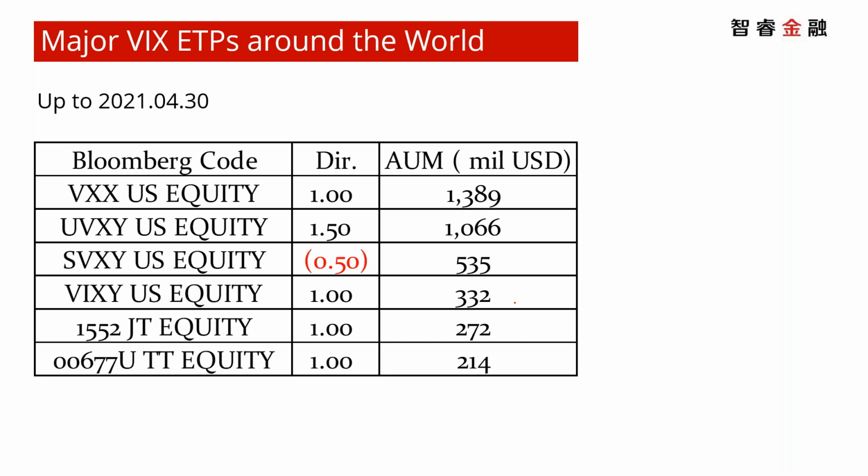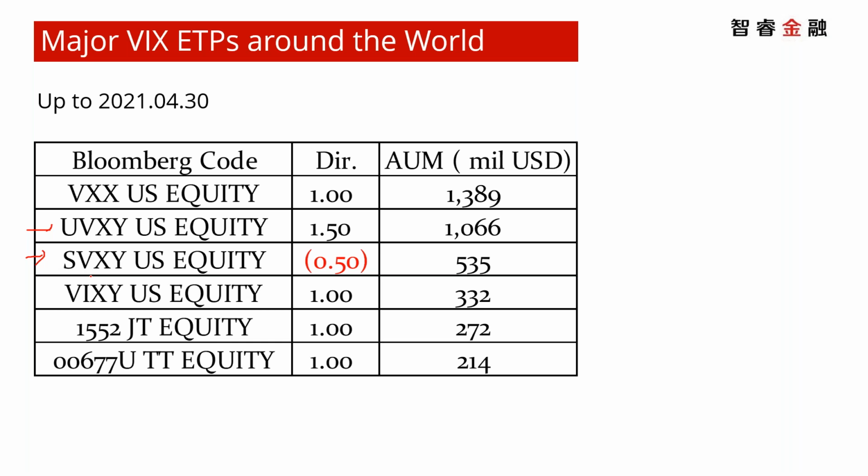Most of them have the normal long exposure, except for the second one, UVXY, and the third one, SVXY. UVXY has 1.5 times leverage, and SVXY has minus 0.5 times leverage. It sounds unusual that some products have leverage in half times. True, it did not start like this.